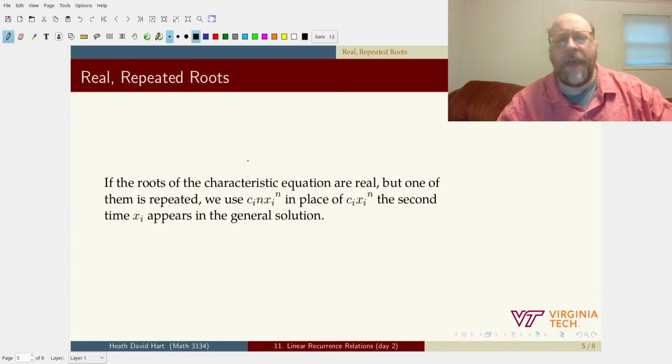Then if we have a repeated root, we have to make a modification to one of the terms of our structure, and that's going to give us a slightly different form for this answer.